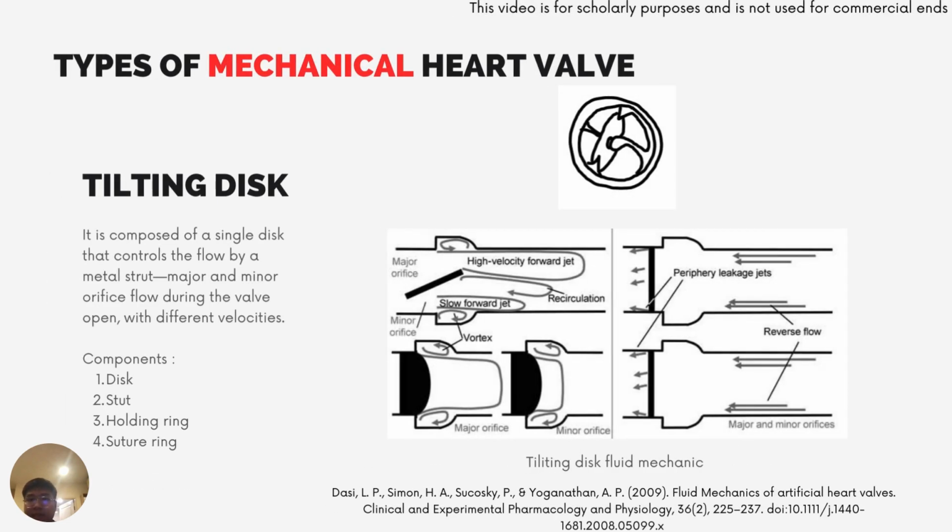Next, moving to the tilting disc. This is composed of a single disc that controls the flow by a metal strut. It controls the major and minor orifice flow. When the valve opens, the disc tilts to form a major orifice and a minor orifice for the blood flow.